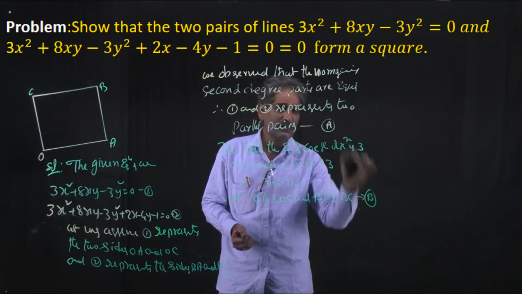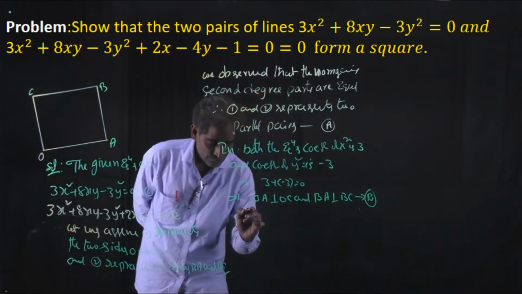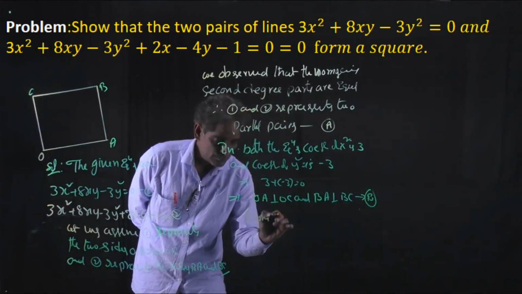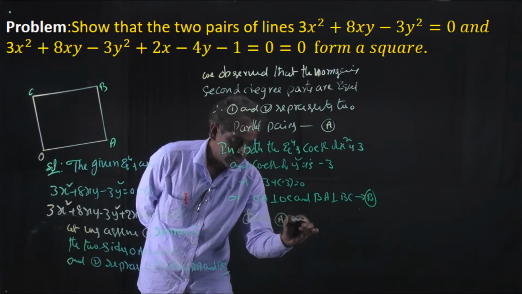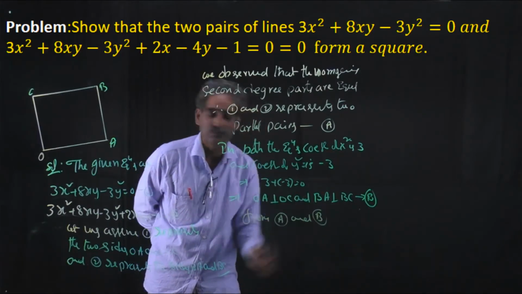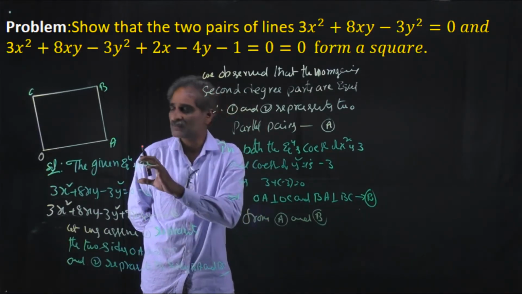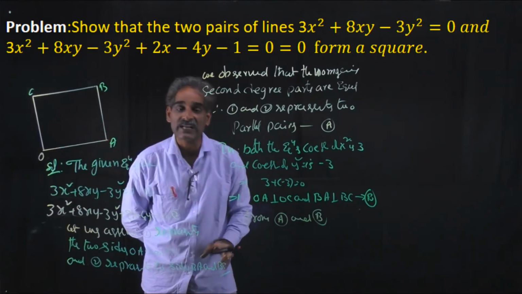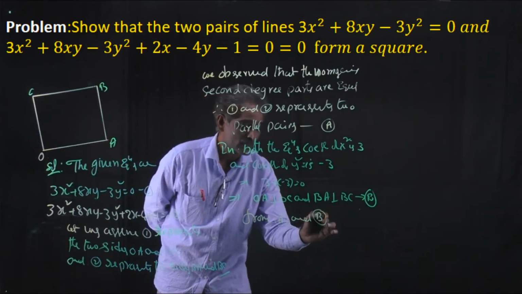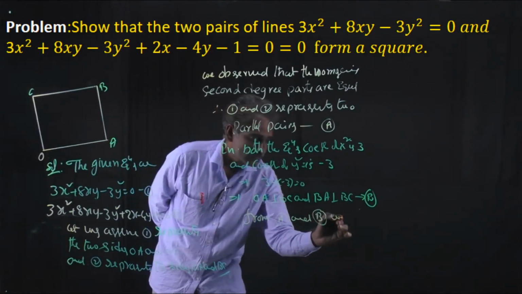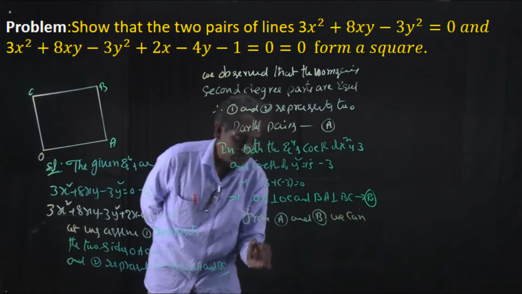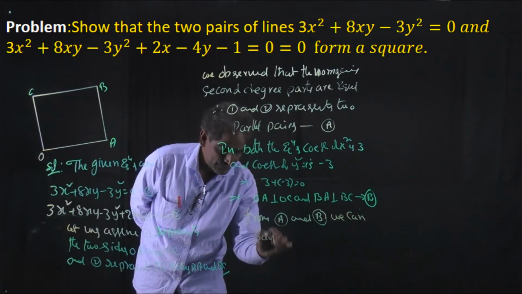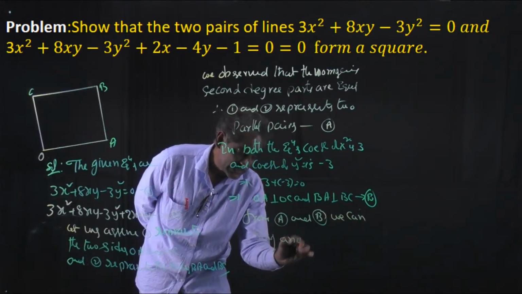From A and B equations, we can say clearly the angle between any two adjacent sides is 90.